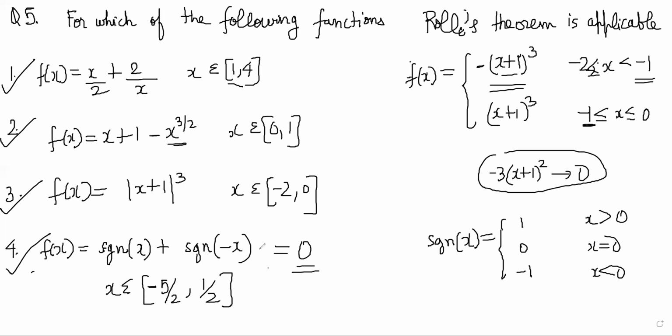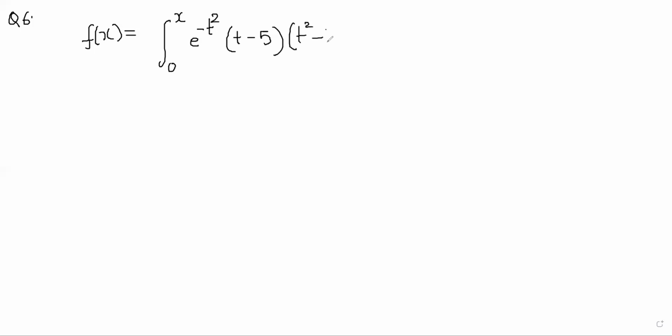Fine. The next one is this one, that f of x we defined as integral from 0 to x, okay, I'll just explain a little bit, of e power minus t square, t minus 5, t square minus 7t plus 12 dt.